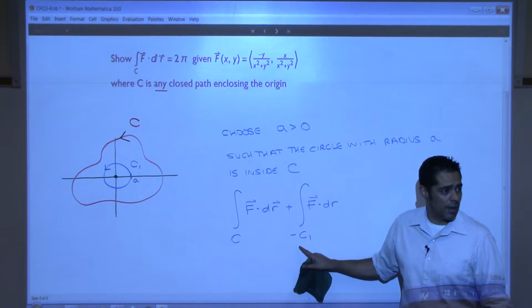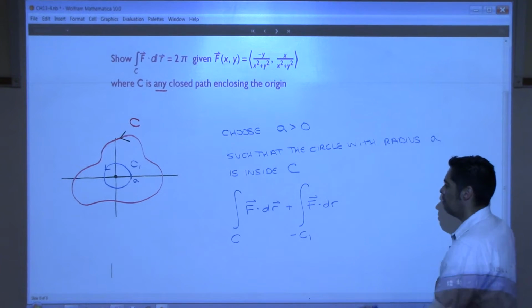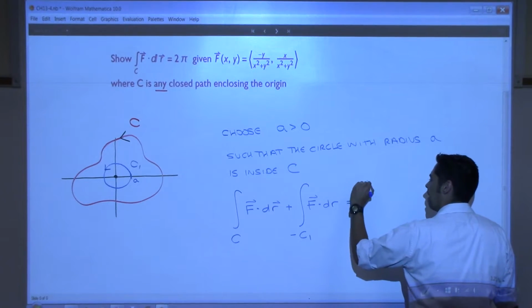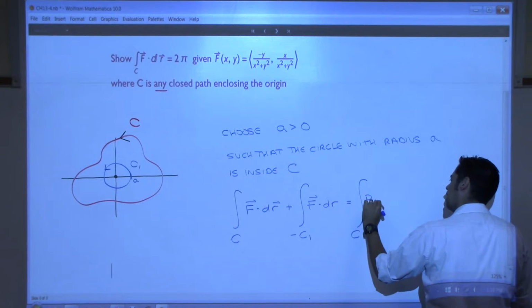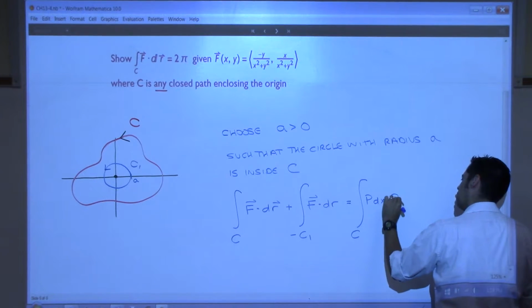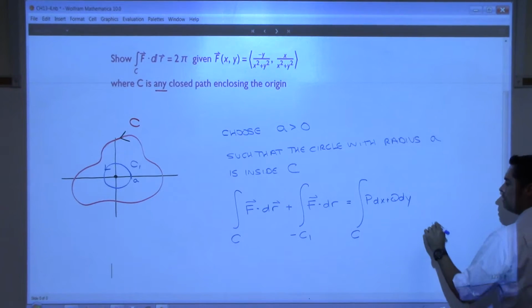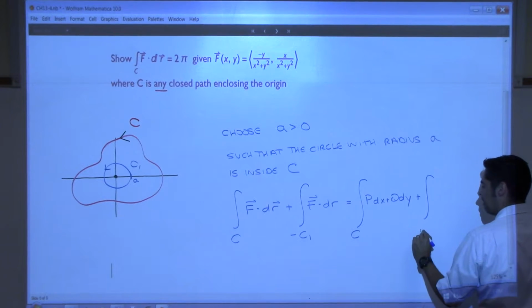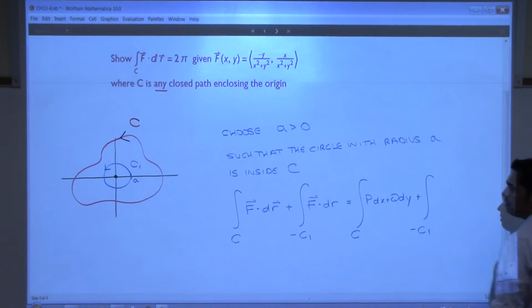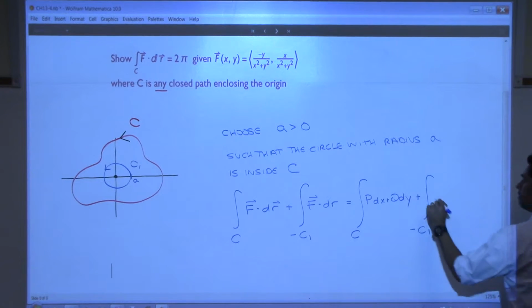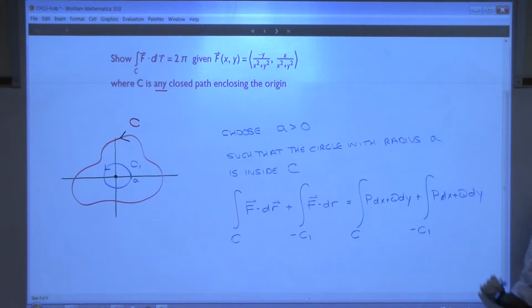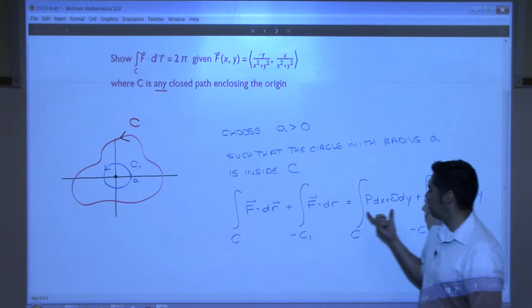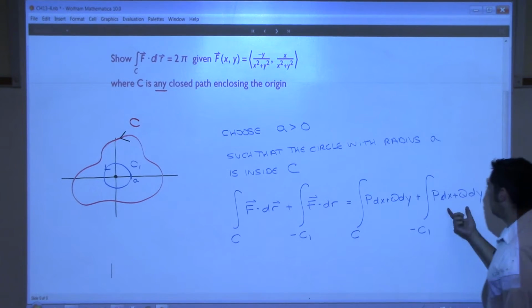That means I'm going to reverse the direction. By the definition, this is the integral over C of P dx plus Q dy, plus the integral over negative C1 of P dx plus Q dy. Do you agree with that? If you did the bonus problem, you know that this is equal to this.